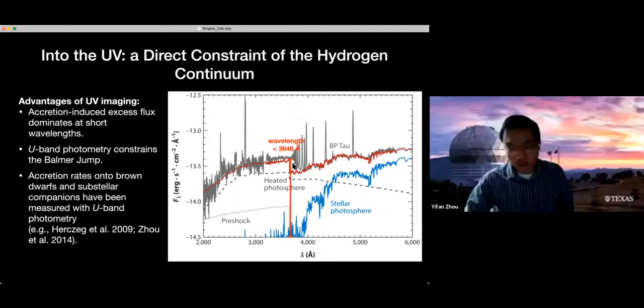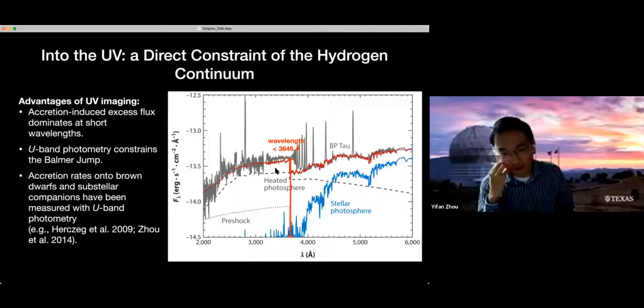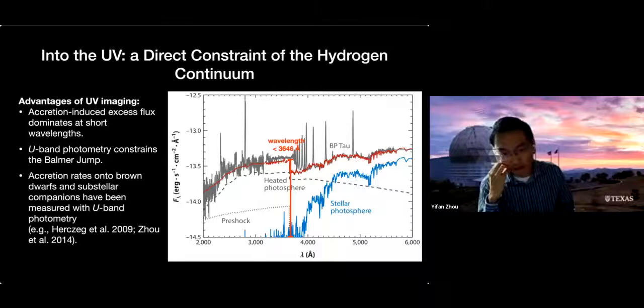This kind of observation, taking photometry at the UV band to measure the accretion-induced luminosity, has been applied to measure the tiny accretion rates onto brown dwarfs and substellar companions previously. So this method should also work for PDS 70.